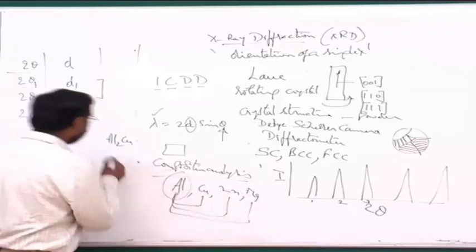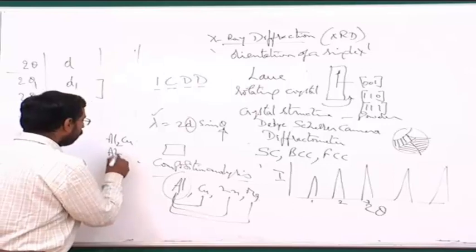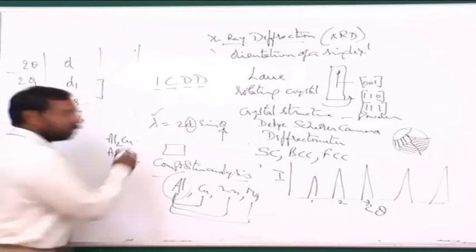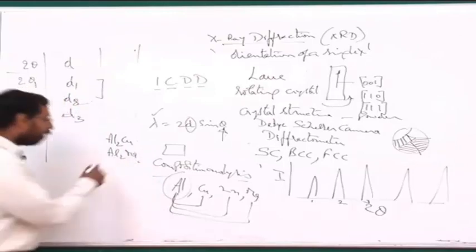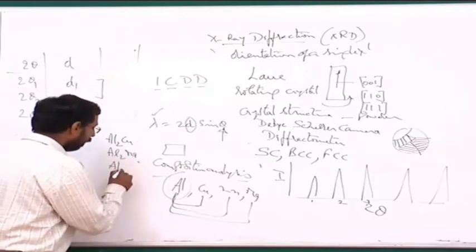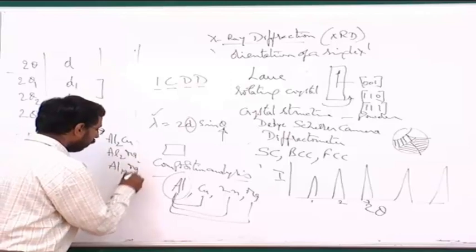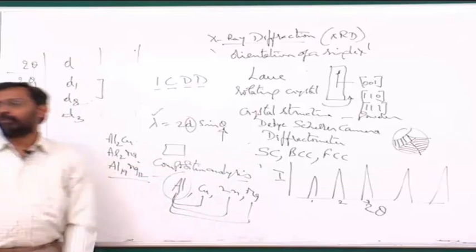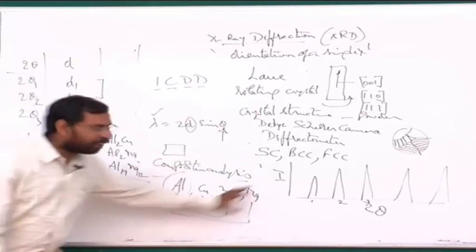For example, aluminum magnesium, I also know that there is a compound Al2Mg. There is also another compound Al19Mg12, for example. Like this, I know what are all the compounds that are available in those phase diagrams.